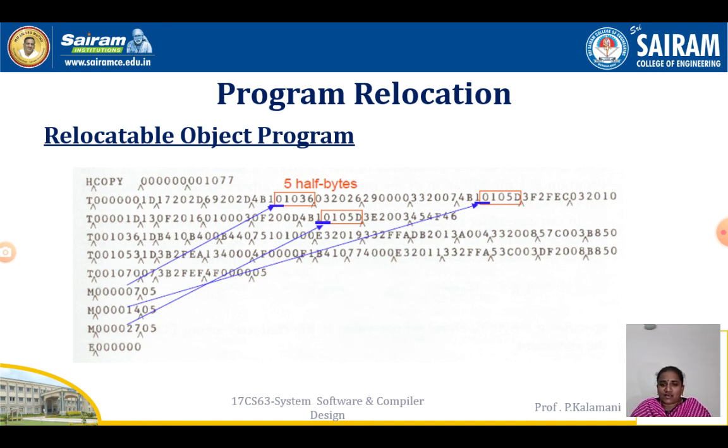Then the same thing at the address 01015D, that object code will be modified. It is 05 half bytes, so 5 half bytes should be modified. Then the end record. This entire thing should be given as an input to the loader during load time. The loader, based on that, is going to load the program into memory for execution.